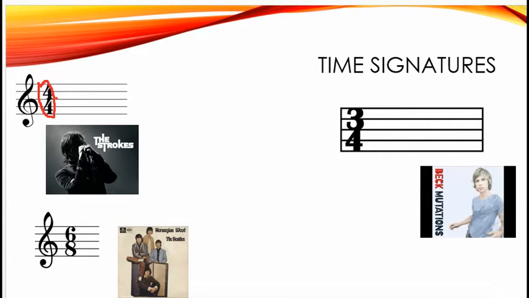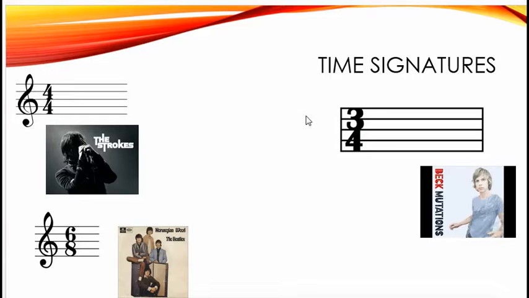We look at the bottom number first. The 4 represents 1 beat, so you'd be looking at a quarter note. To put this in more math terms, you'd have 4 times your quarter note makes up one of your measures.